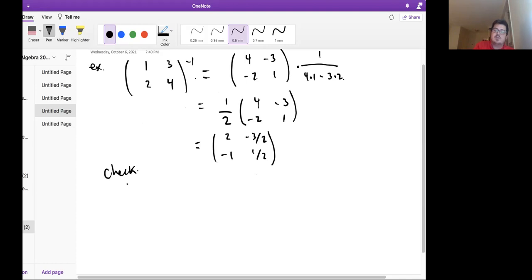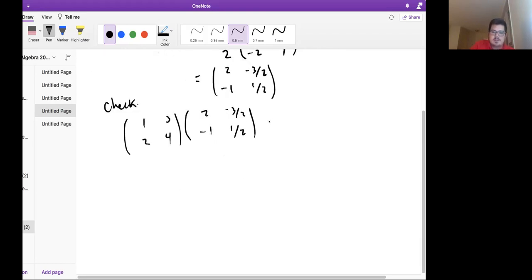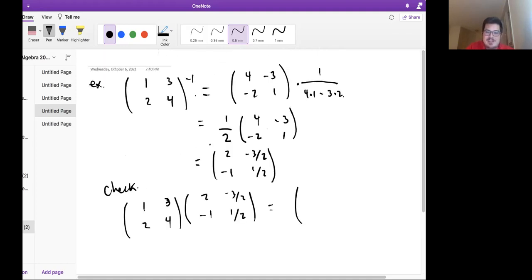Yeah, you multiply. What should it equal? Yeah, it should equal I. Okay, so let's do it. We have 1 times 2 plus 3 times -1. Did we make a mistake already?